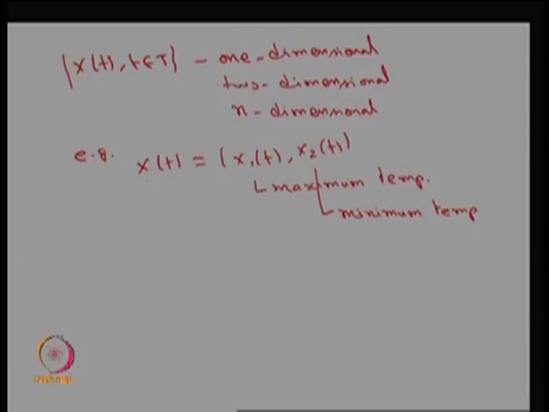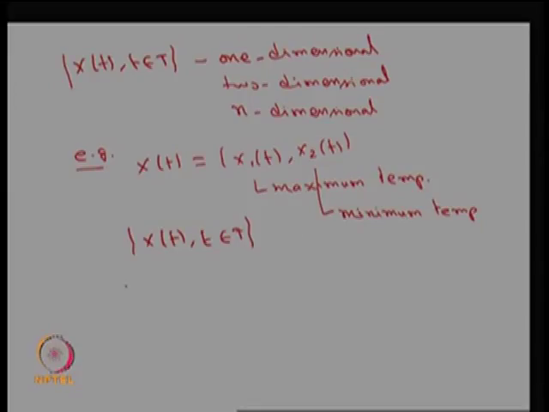That means this is a random vector which consists of two random variables x1 of t and x2 of t. That means for fixed t you have one random vector x of t, and therefore you have a random vector over the t, and this random vector will form a stochastic process. Therefore, this is going to be a two-dimensional stochastic process.